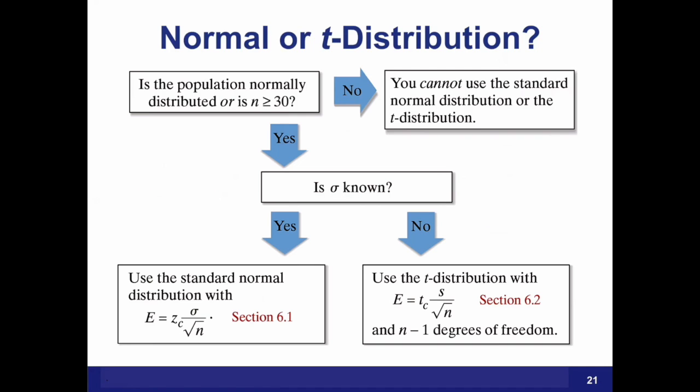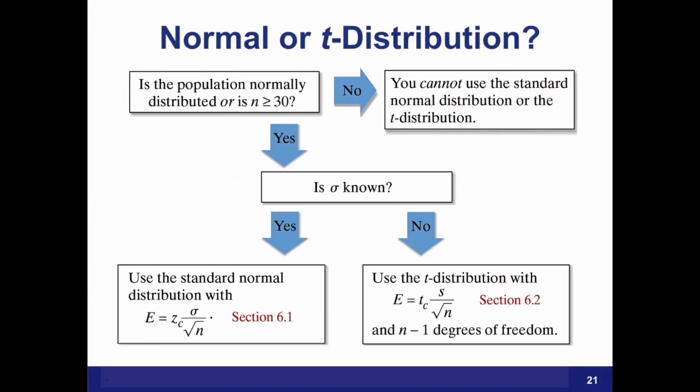Now, the question remains: when to use the normal or the t-distribution? For that, it will be a good idea to follow this diagram. When you are reading the statement of the problem, you need to ask yourself, is the population normally distributed, or is the sample size greater than or equal to 30? You need at least one of them. If the population is normally distributed, yes, then you go on here, or if the sample size is greater than or equal to 30, yes, then you go on here.